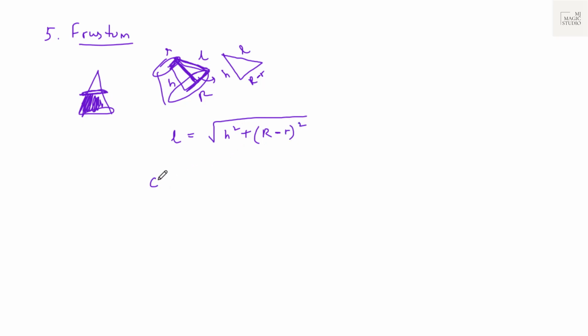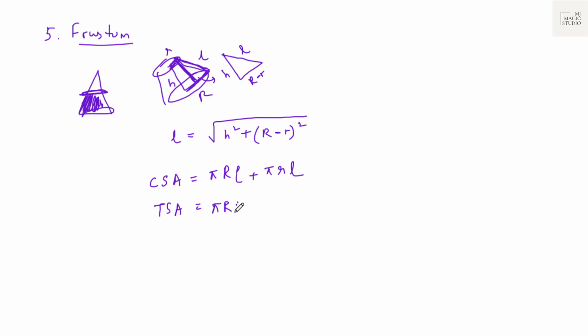Okay, just try to remember the formula, that would be of more use. Curved surface area of frustum is pi capital R L plus pi small r L. That's it. Total surface area will be curved surface area plus area of the top circle and the bottom circle.